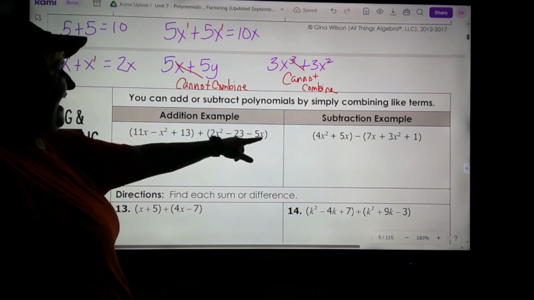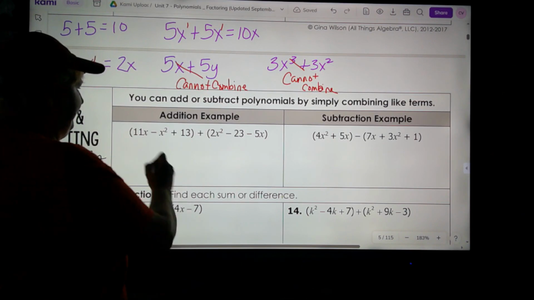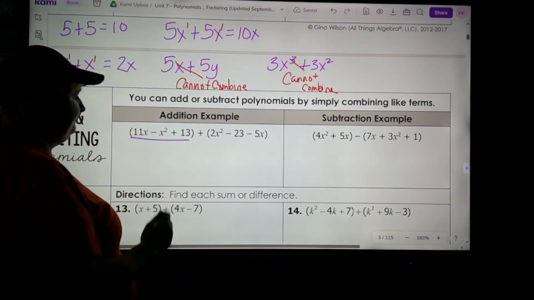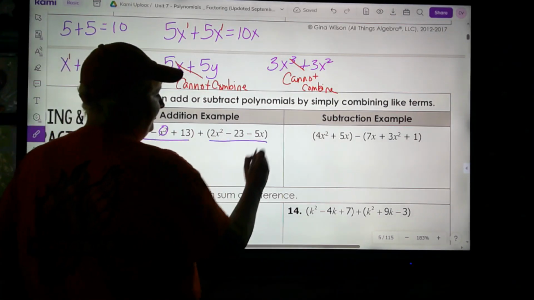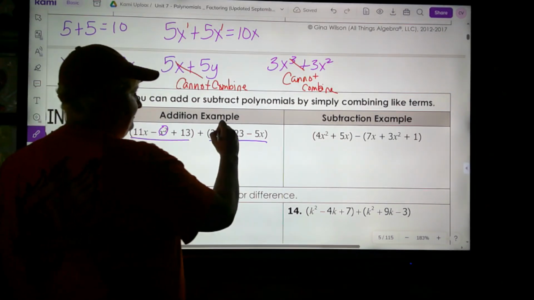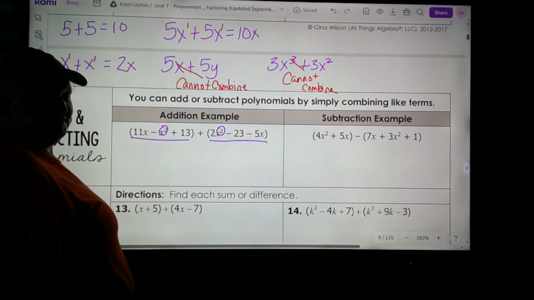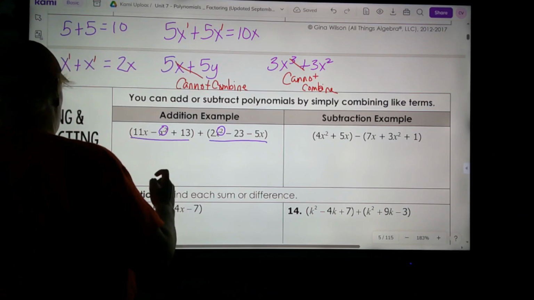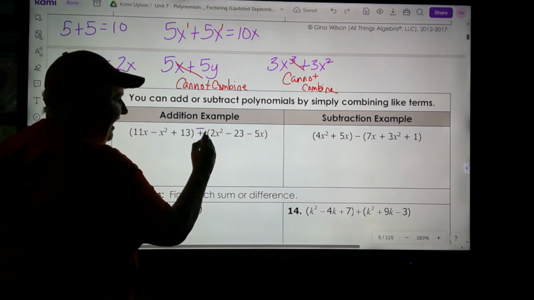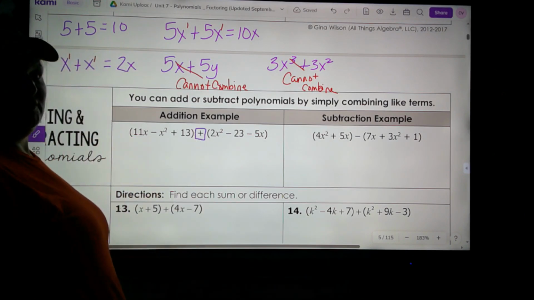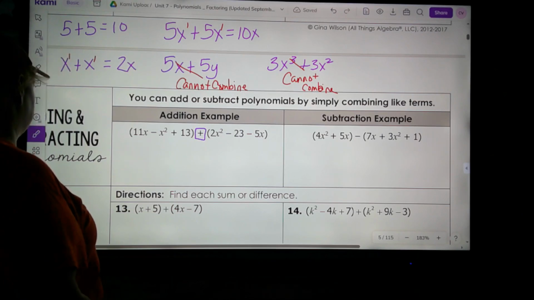if you're going to add this polynomial, it's a 3-term quadratic, and this polynomial, which is a 3-term quadratic, they're both trinomial quadratics. Okay? If you're going to combine these together, because you're adding them together, you literally just combine your like terms.